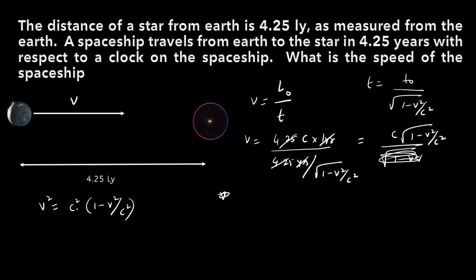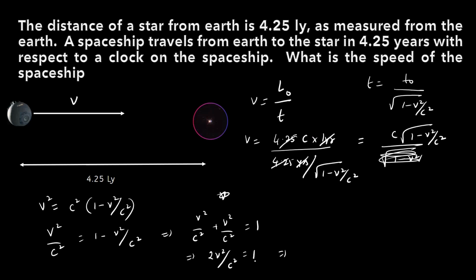Very simple. So I'll write V squared by C squared is equal to 1 minus V squared by C squared. I'll take this one to that side, which turns it into V squared by C squared plus V squared by C squared equal to 1, which means 2V squared by C squared equal to 1.